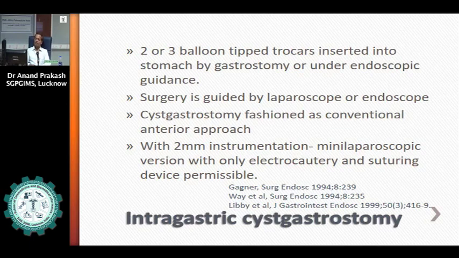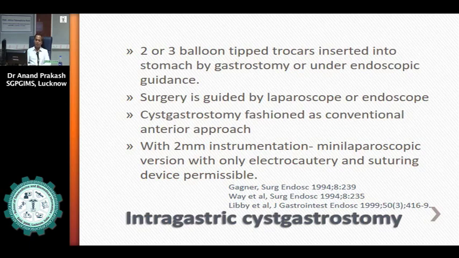And usually, if it is performed by the conventional laparoscopic method, one can introduce a stapler through one of the trocars and fashion a cystgastrostomy easily, as in open surgery or in laparoscopic cystgastrostomy.